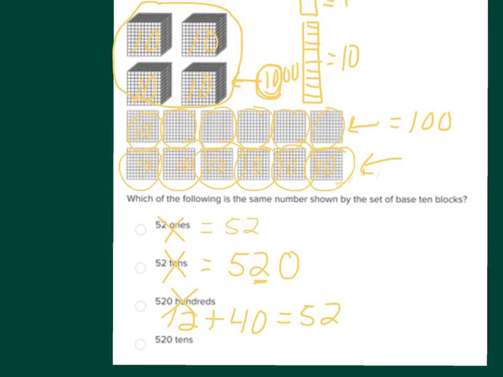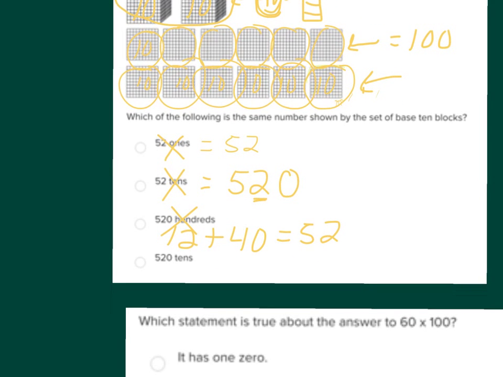Okay, so there's 120 tens. Oh shoot, we've already figured this out. 120 tens is with the squares. So let's write that down. We've got 120 tens.